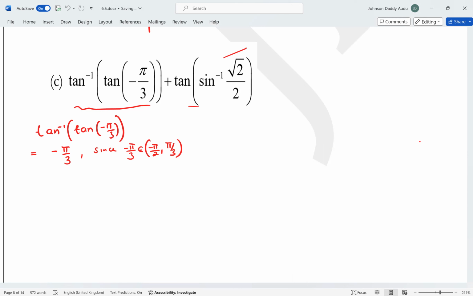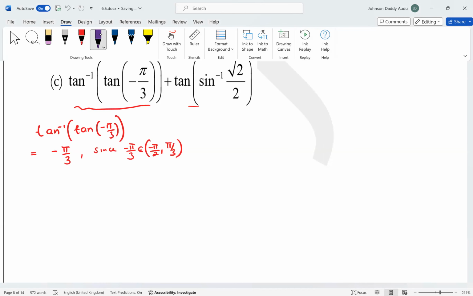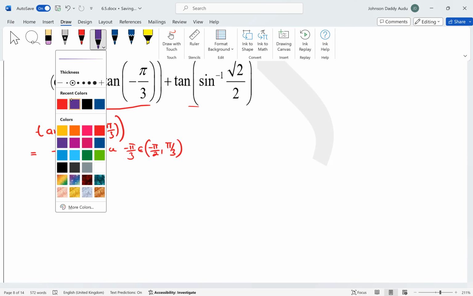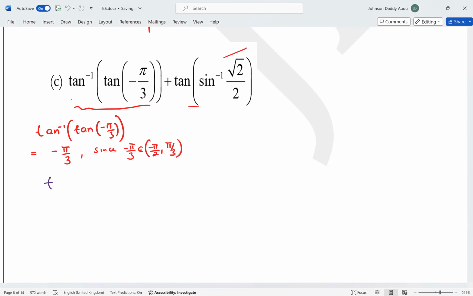Now let's deal with the second one. The second part is tan of sine inverse of root 2 over 2.